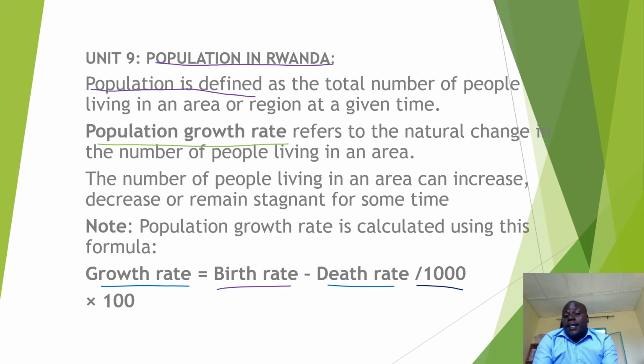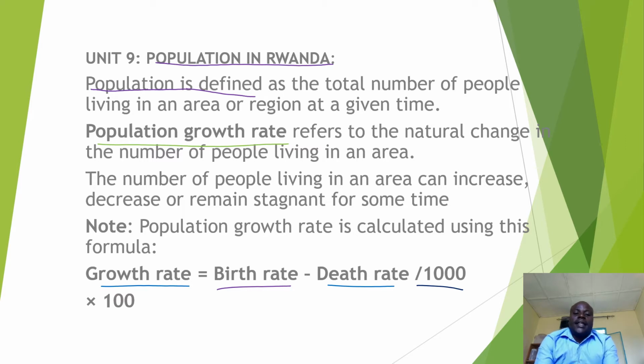We multiply by 100 because we want to get our answer in percentages. So you get birth rate minus death rate over 1,000 times 100. The answer you get stands for population growth rate.